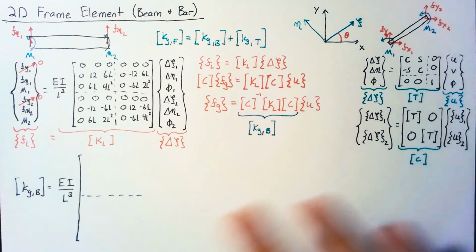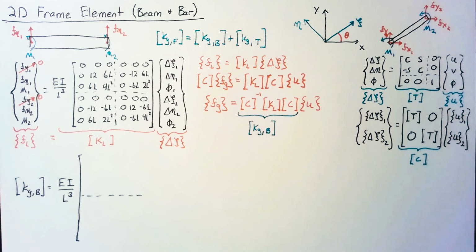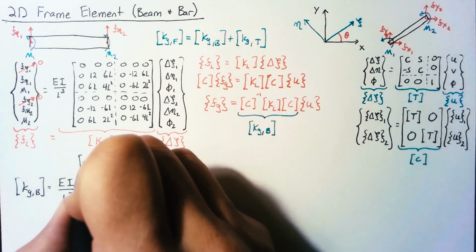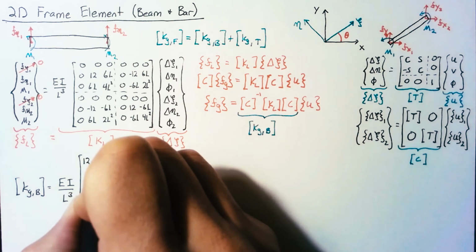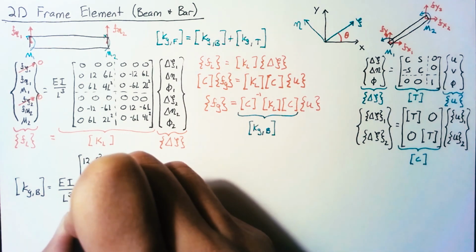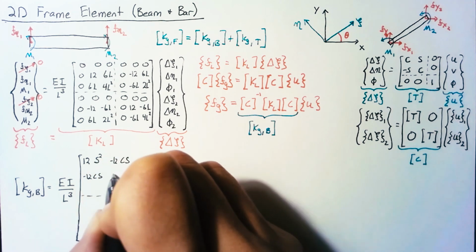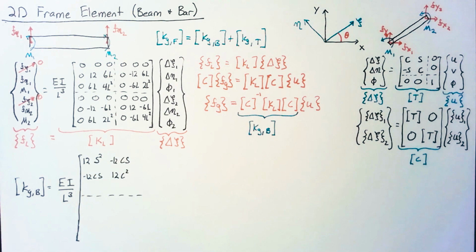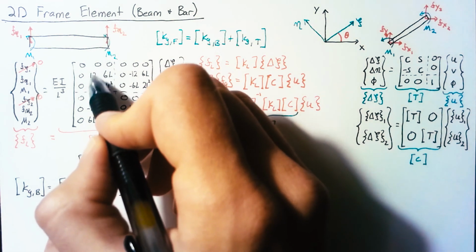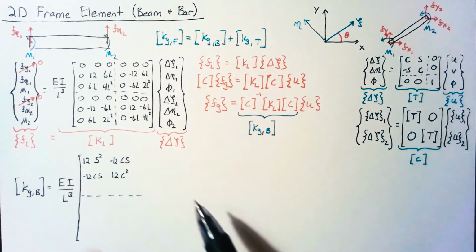But, of course, since we're multiplying so many matrices together, things get a little complicated. Now, there are patterns here, and I'll try to point those out. In this upper left-hand 2x2, we're going to have a 12 times s squared, negative 12 times cs, negative 12 times cs, and 12 times c squared. And really, all this is doing is it's taking this 12 that we have in our matrix up here, and it's just splitting it among the two directions.